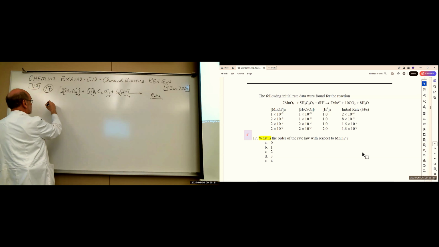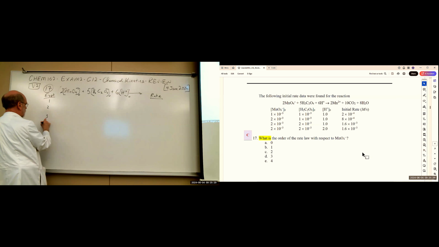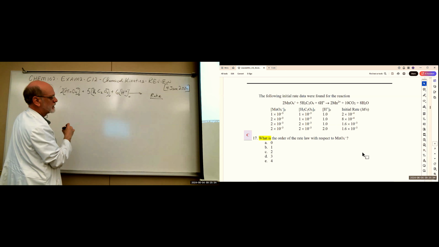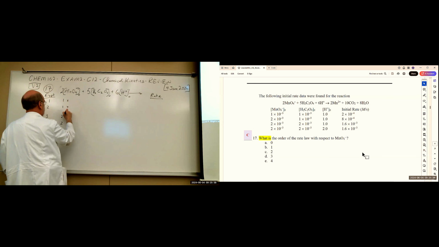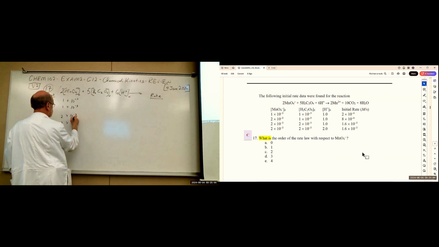Okay, so we've got this experiment, number 1, 2, 3, and 4. And we have 1 and 2, 1, 1, 2, 2 times 10 to the minus third. So what are the units here?